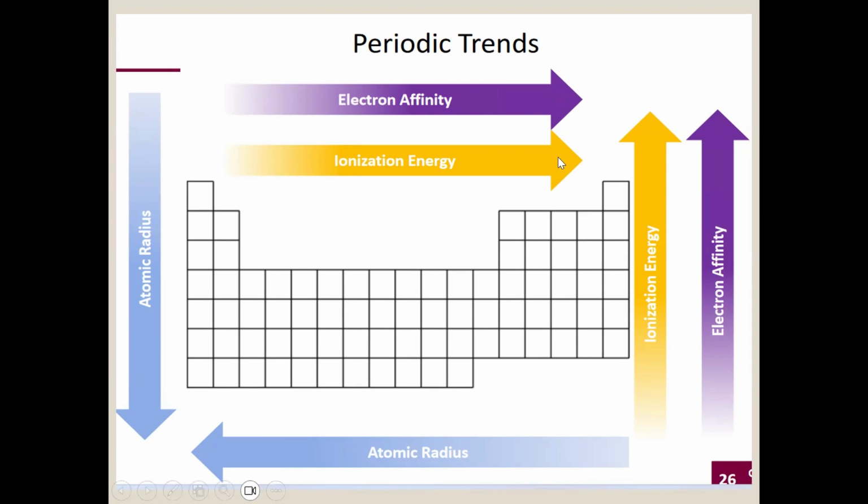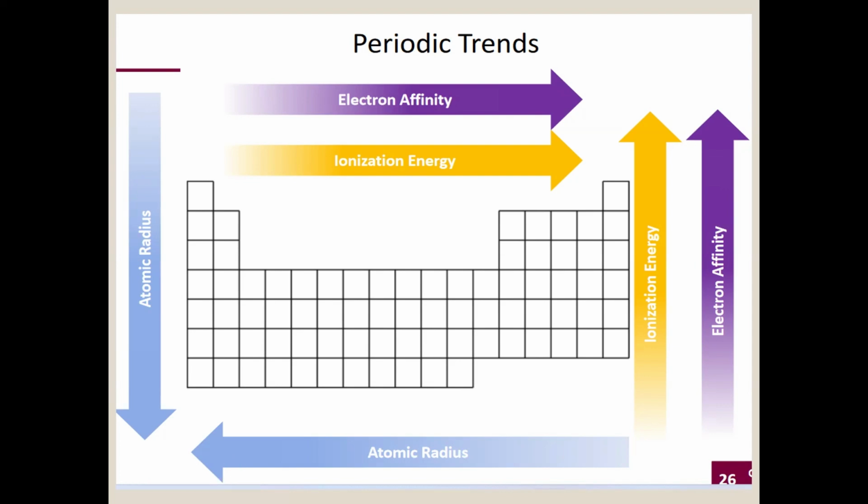Across the period, ionization energy increases, electron affinity increases, and atomic radius decreases. Okay? From left to right, atomic radius decreases.